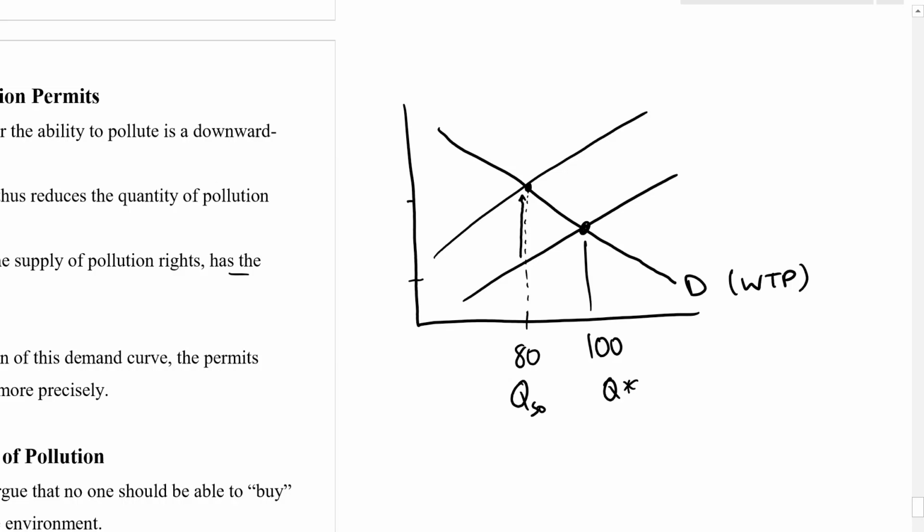But that only works if we know the slope of the demand curve. If actually, let me make a copy of this. So this is what we think the market looks like.